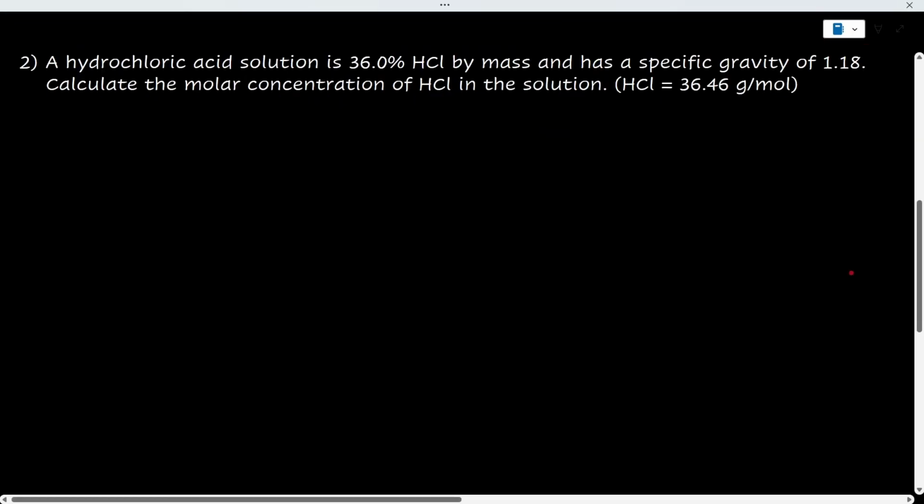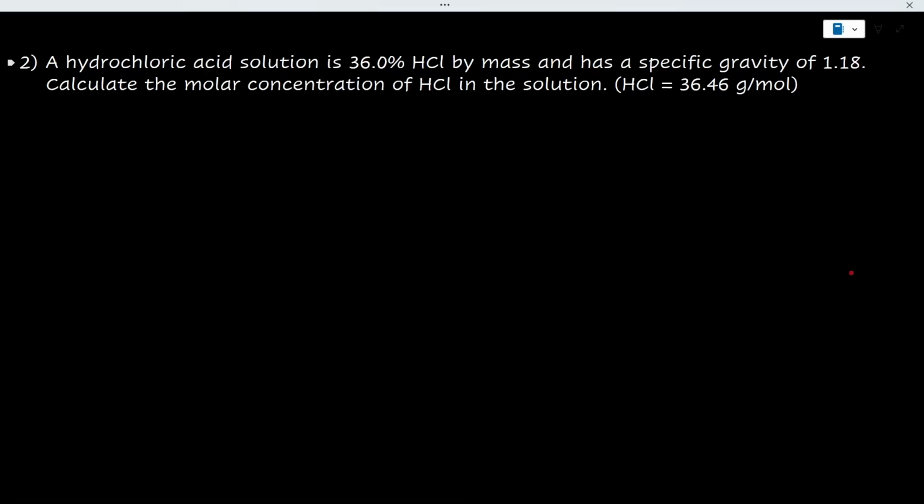Okay, for number 2, hydrochloric acid solution is 36% HCl by mass and a specific gravity of 1.18. Calculate the molar concentration of HCl in the solution. So let's look at first the given. So we have the density from the specific gravity, which is 1.18 grams per ml.